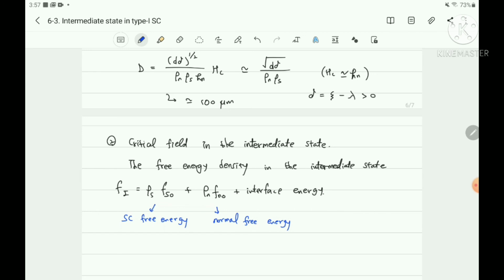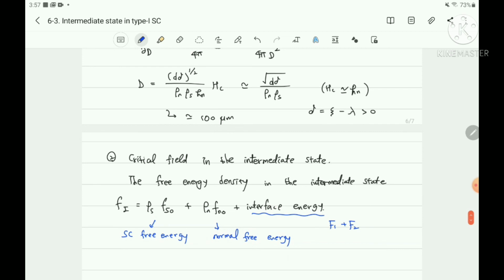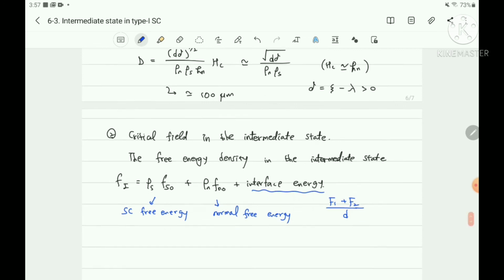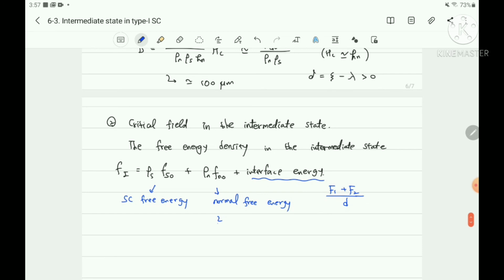We know that the interface free energy is F1 plus F2, the total F, and it is a density, so divided by d, because it is a free energy density. Also the normal state free energy can be considered as superconducting free energy plus field energy.